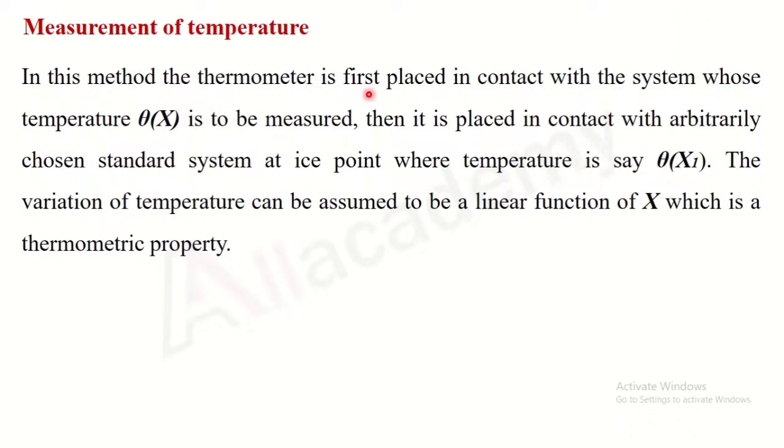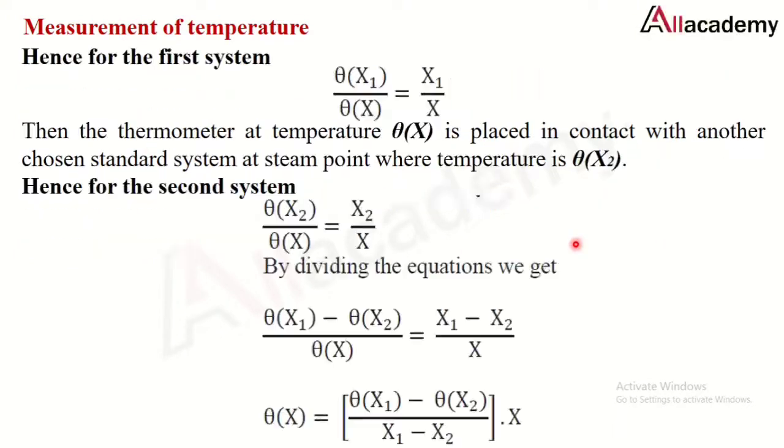Then we place the thermometer in an arbitrarily chosen standard system, that is the ice point, where the temperature is theta x1. The variation of temperature is assumed to be a linear function of x, which is a thermometric property.